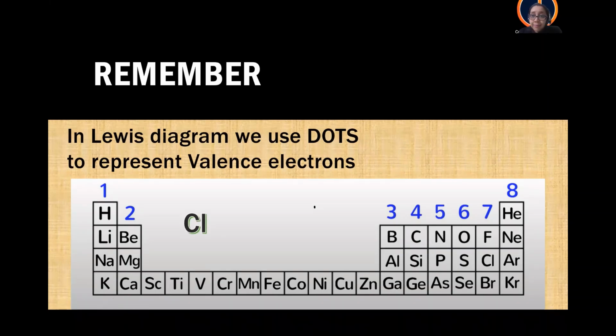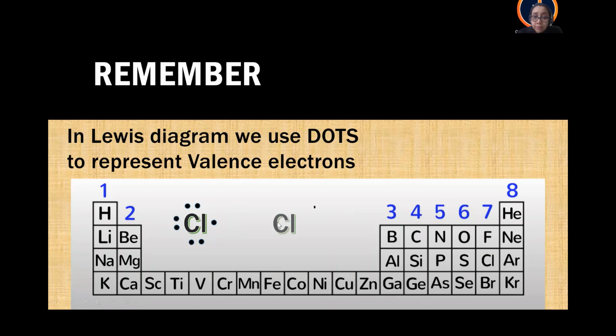Now, take an example of the same element, chlorine. You told me that chlorine has 7 valence electrons, right? For a Lewis diagram, we put dots beside the symbol, so the 7 valence electrons are denoted in the form of dots.